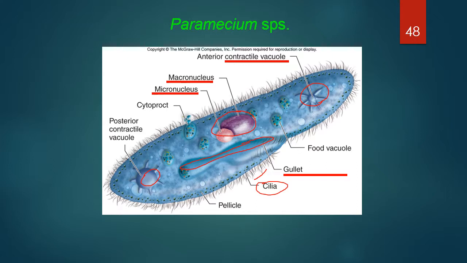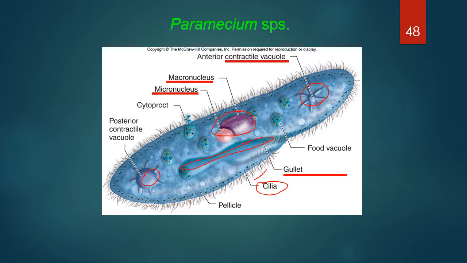So it can give rise actually to the macronucleus as well and is responsible for genetic reorganization that happens during conjugation. So both types of nuclei contain the full complement of genes, so they have all the hereditary information that they need.